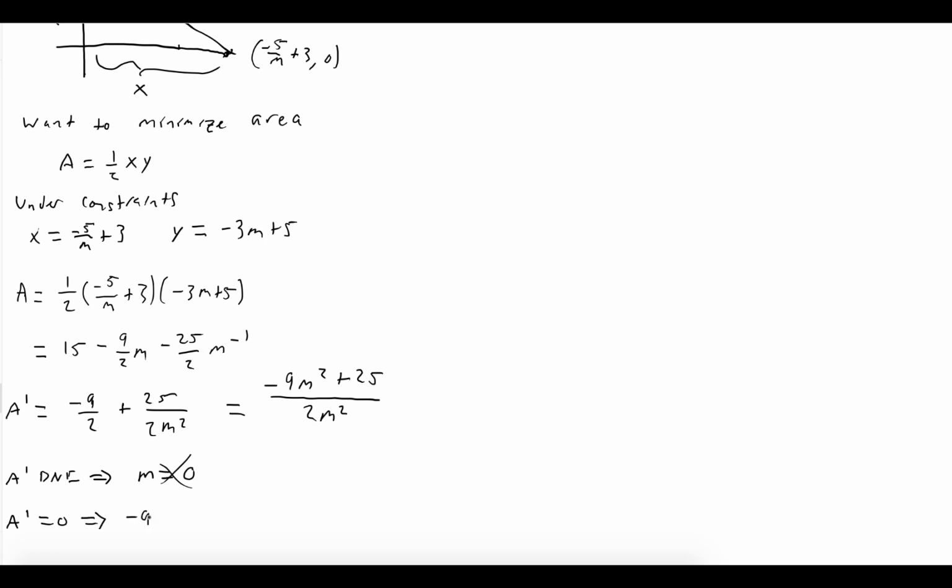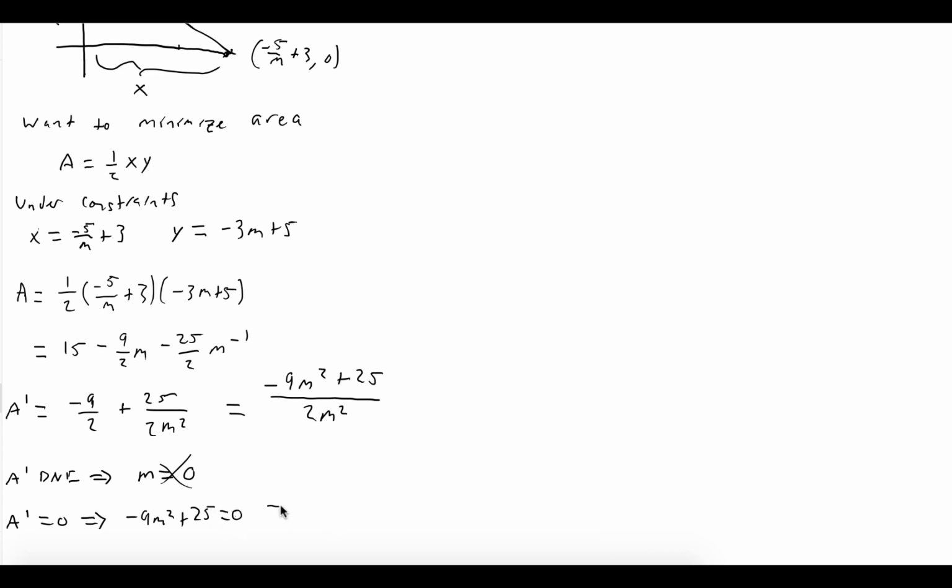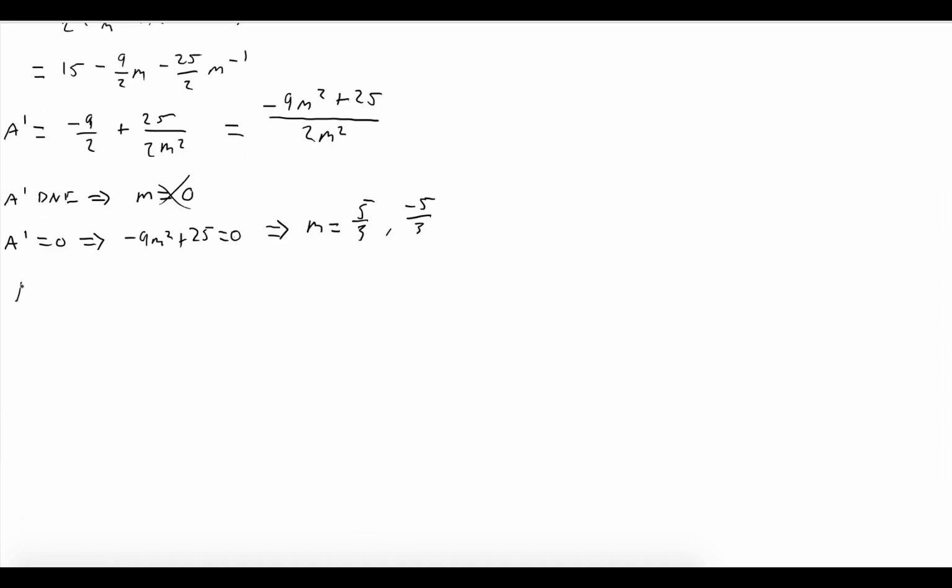So now we'll find when A prime is equal to 0. That's when the numerator is 0, so negative 9m squared plus 25 is equal to 0. And that gives us m is equal to 5/3 or negative 5/3. But the question said we wanted the region to be in the first quadrant, so x and y have to be positive.